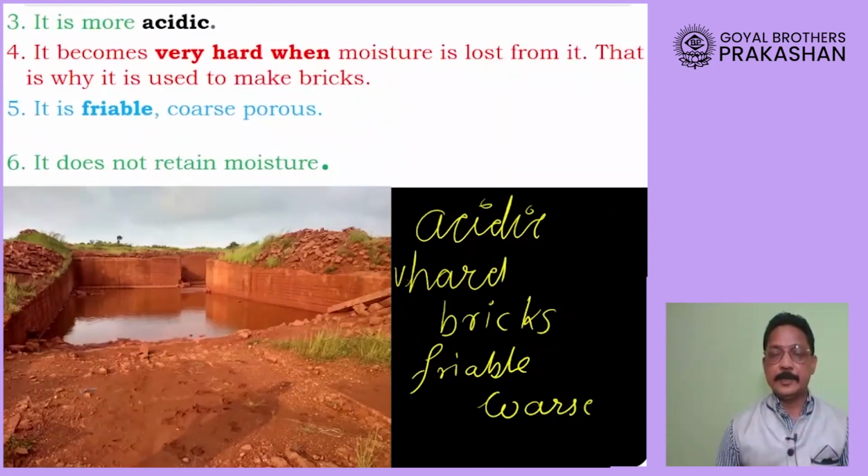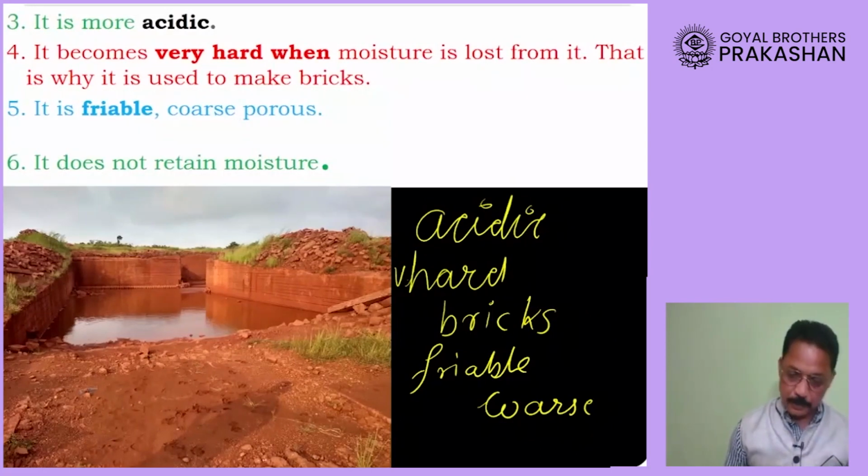Second important characteristic: red soil is formed from ancient metamorphic rocks, whereas laterite soil is formed from laterite rocks.